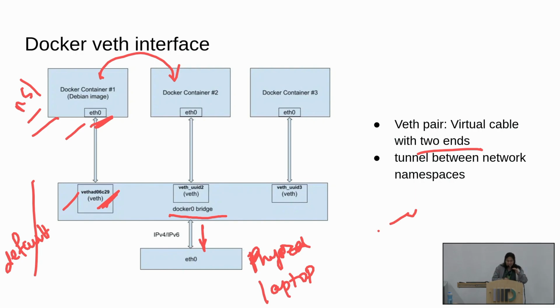We'll see these interfaces created as part of the hands-ons today. This veth pair helps connect your Docker containers with each other or with outside your machine. Are we clear till now?